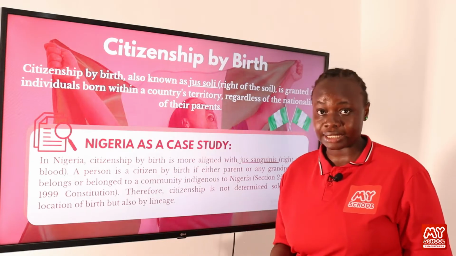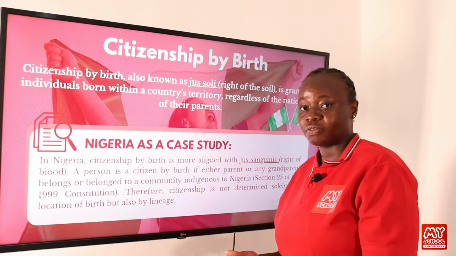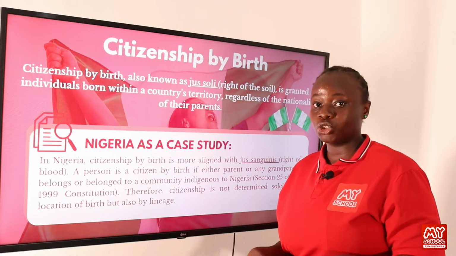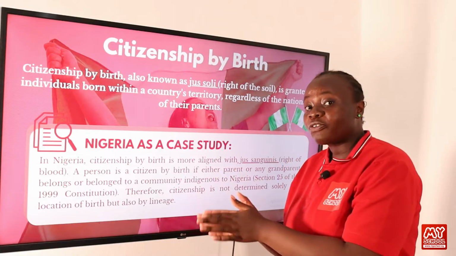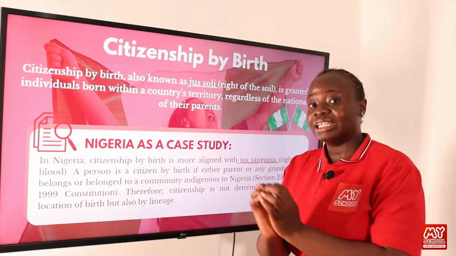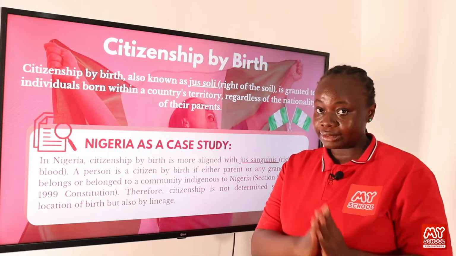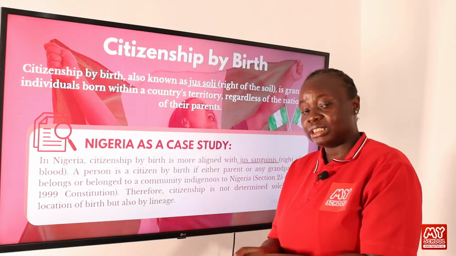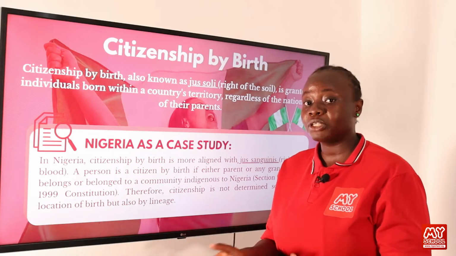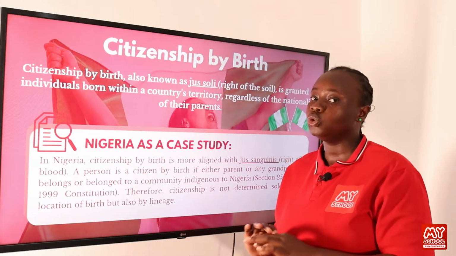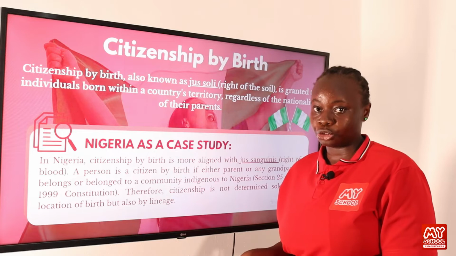So in this particular case, you can become a citizen of Nigeria if either of your parents or both of your parents or either of your grandparents is an indigene of any Nigerian society. On the other hand, if you are born in Nigeria but you do not have any parents or grandparents who are born in Nigeria, you are not a citizen of the country.